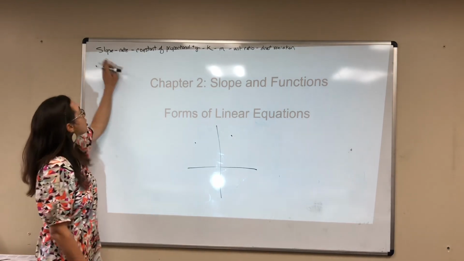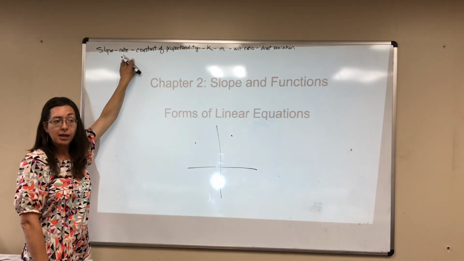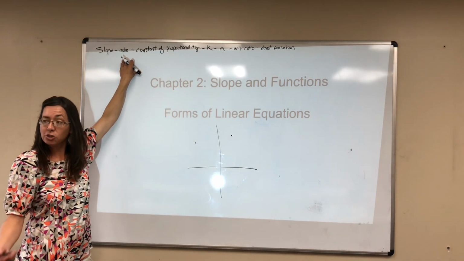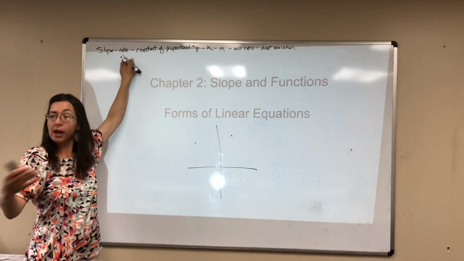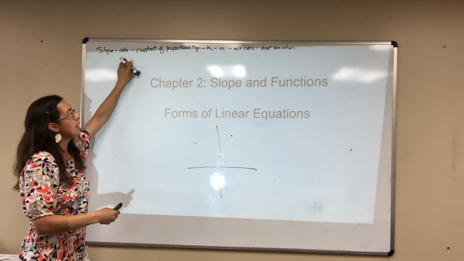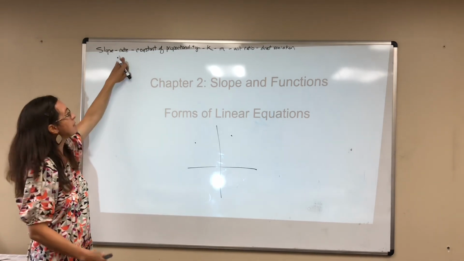That's all we're talking about. So slope is the same as rate. Rate of change can also be that. A rate of change can also be a ratio. That can also be per, miles per hour, right? Miles per gallon. All of that gives us a slope. Same thing, any sort of rate.